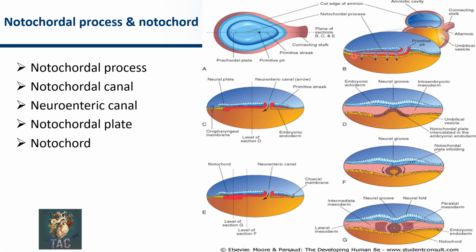When it extends over here, the lower layer of the notochordal canal intermingles with the embryonic endoderm, and when these two layers fuse, this layer degenerates. As a result of degeneration, a temporary connection is formed between the amniotic cavity and the definitive yolk sac. This temporary connection is called the neuroenteric canal. Here it is written, this is the neuroenteric canal, and the process now formed is called the notochordal plate.